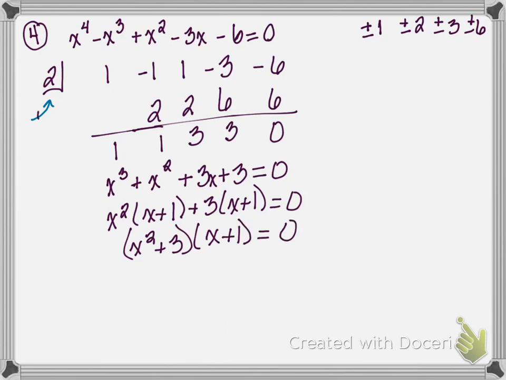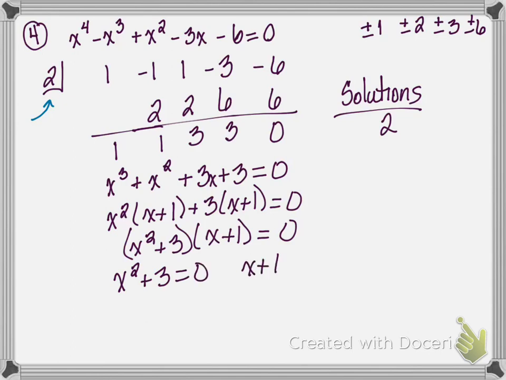Now, don't forget about this 2. It's still hanging out there. We already know that it's a solution. So sometimes I'll write over here solutions as I figure them out. So I know that 2 is a solution. Okay? Now I'm going to put x squared plus 3 equal to 0 and x plus 1 equal to 0.